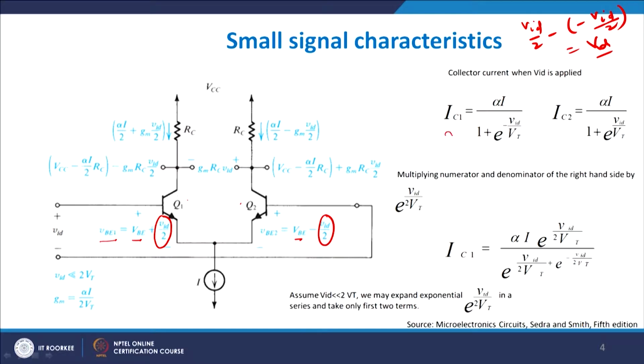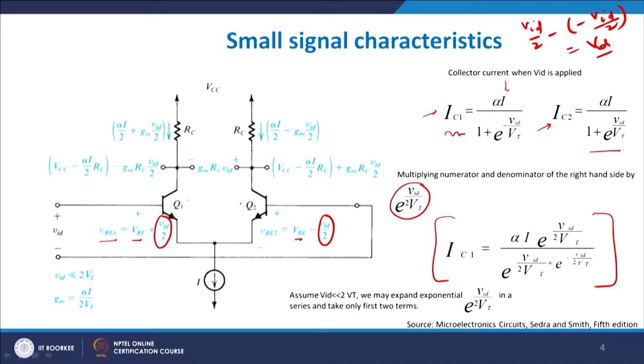Similarly, we can write IC1 equals alpha times IE1. Now, IE1 was nothing but I upon 1 plus e to the power minus VID by Vt, and IC2 will similarly be alpha I upon 1 plus e to the power VID by Vt, right. Now, if you multiply the numerator and denominator for this transistor and this one by e to the power VID by 2Vt, we get IC1 equal to this much.